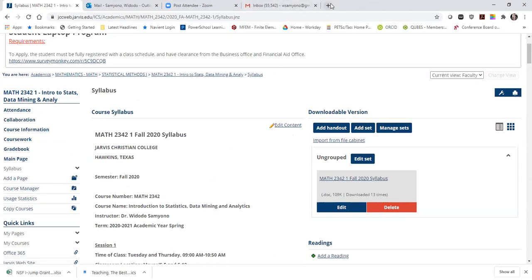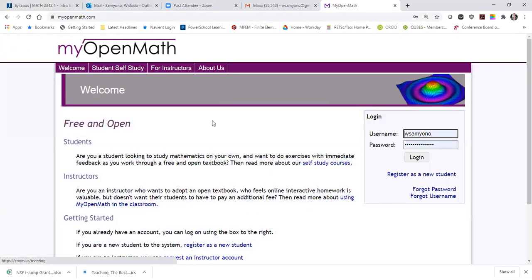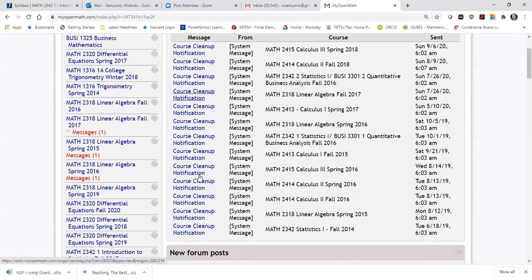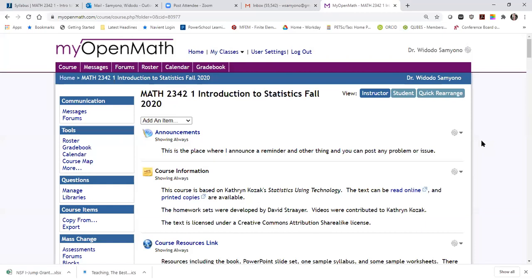Okay, let's go to MyOpenMath. Yes, so you can open the textbook here.